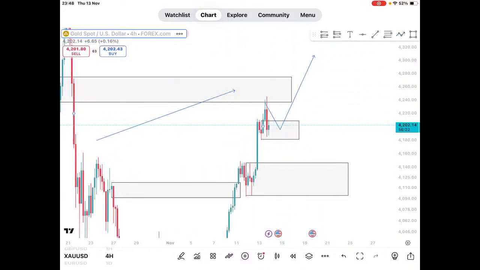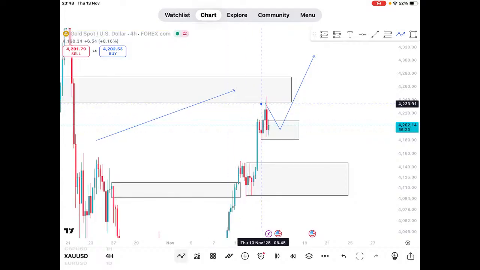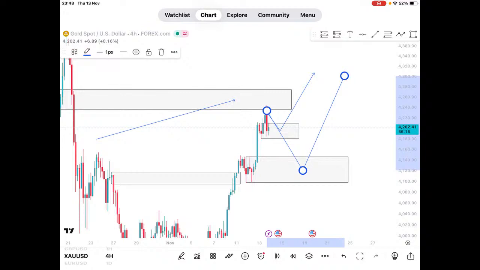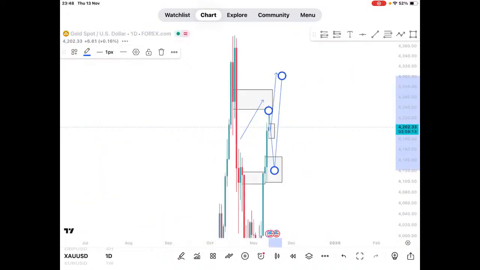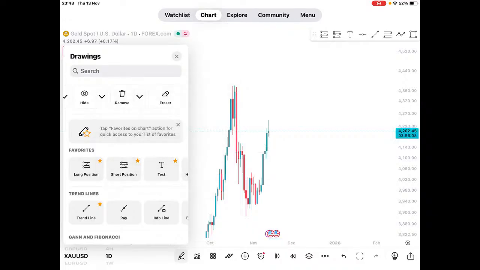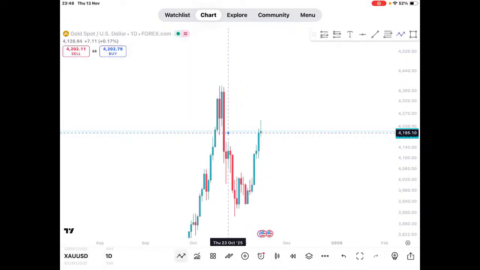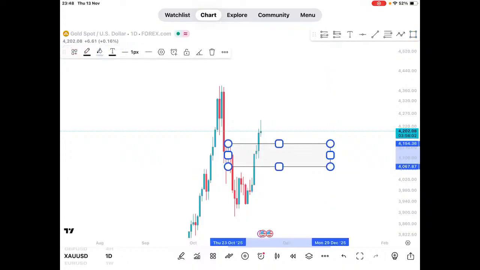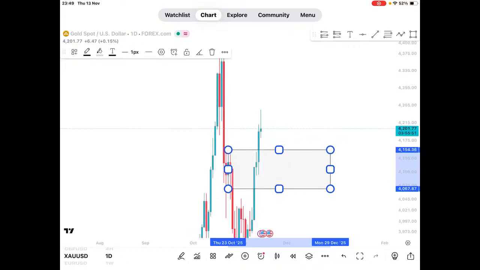But what I'm expecting is that gold goes to this lower demand and then rises, because we are currently on a daily sell zone. So I'm trying to sell this down to the daily buy zone. This is our daily buy zone, right? This was initially a previous sell zone, but it failed to sell the price, so it converted into a buy zone.